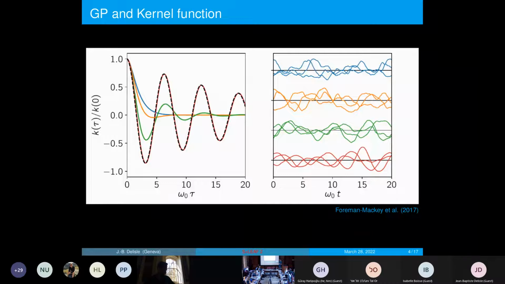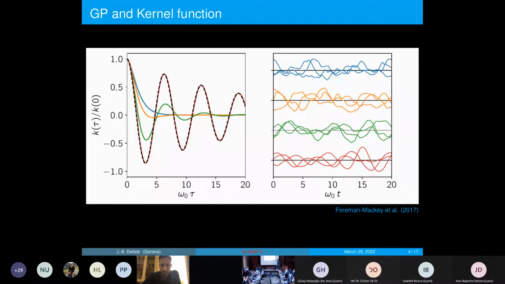And here I took this plot from the Celerite paper of Foreman-Mackey et al. 2017, where we see different kernel functions and some realizations of the Gaussian process time series for each kernel. So each time we have three different realizations that correspond to the exact same kernel.